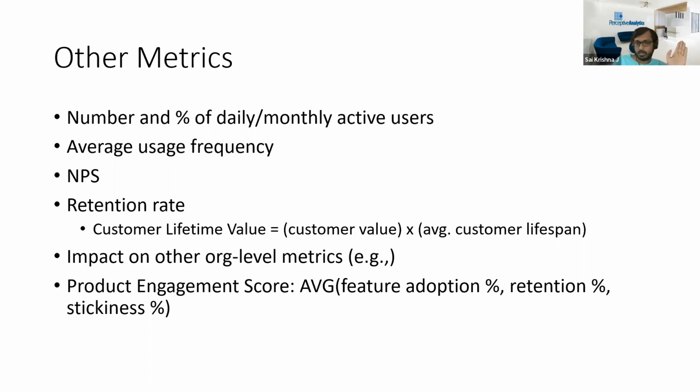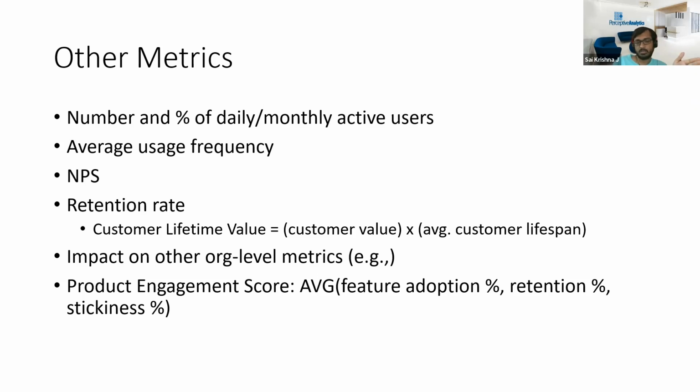Now, this is a feature that has been introduced. What is the organization level metric that this feature impacts? It is the number of returns. Because when you cancel the order, that product has to be shipped back to the warehouse, and it has to go through the entire supply chain in the reverse direction. On the other hand, if you just change the address, then that product might just be diverted to a different address.